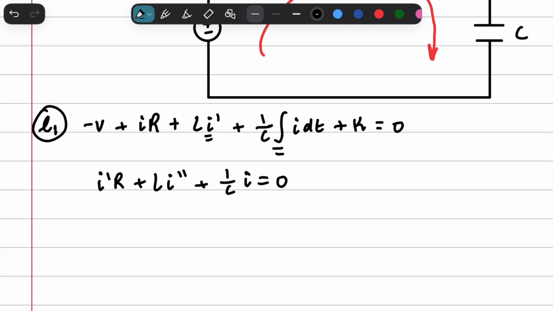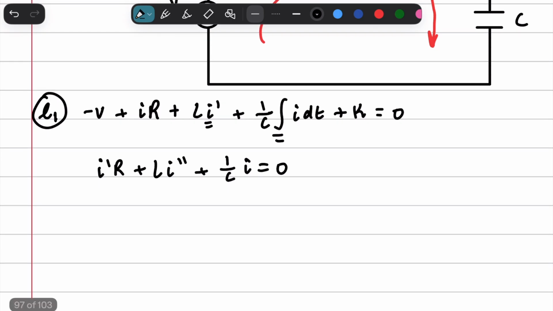And if we get it into the form that we truly love and hold dear to our hearts, where the highest order derivative has 1 in front of it, we've got I double prime plus R over L I prime plus 1 over LC I equals 0, right?